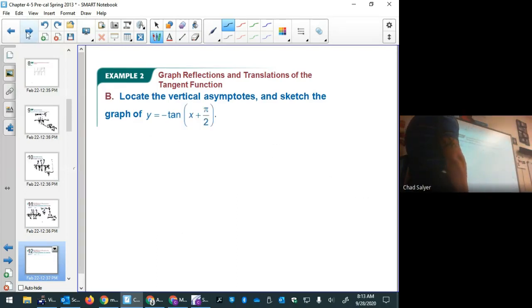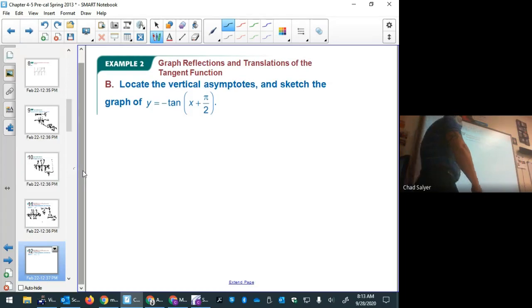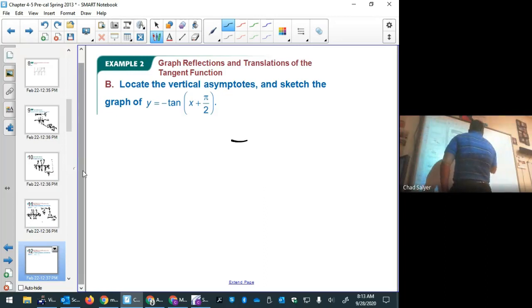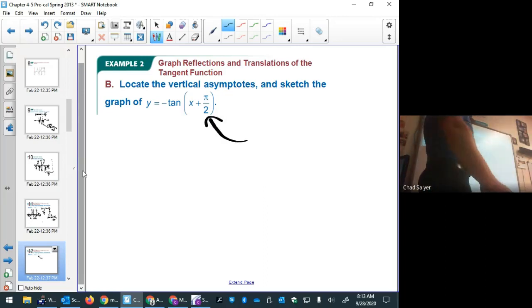So now we've got a phase shift. So this is where it gets kind of funky. So sketching these by hand will be considerably harder once you have a phase shift. At least they are for me. So notice we have this C parameter. So we've got this, which is going to flip us over the x.